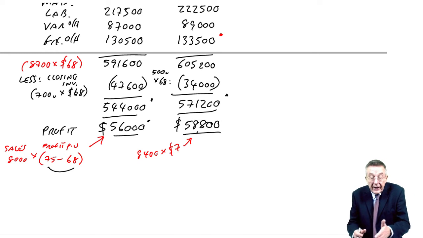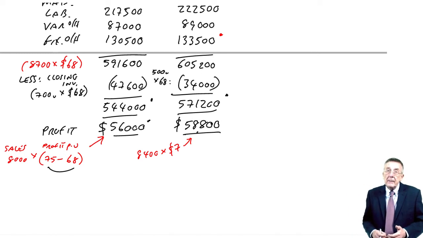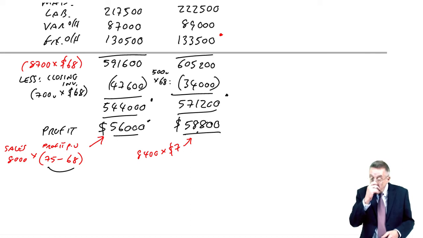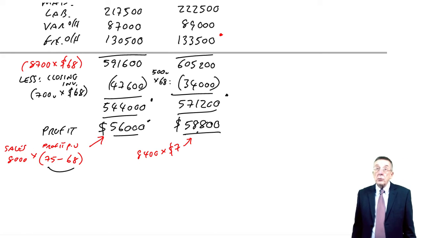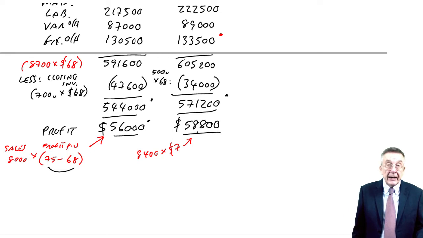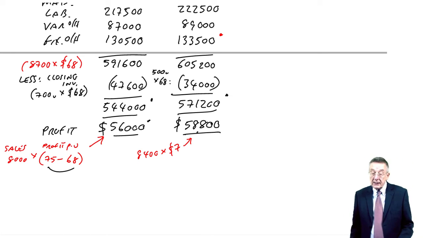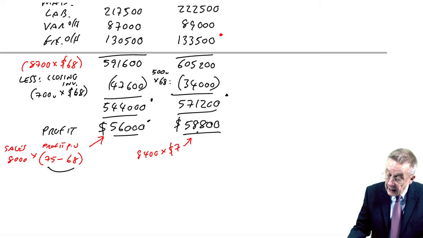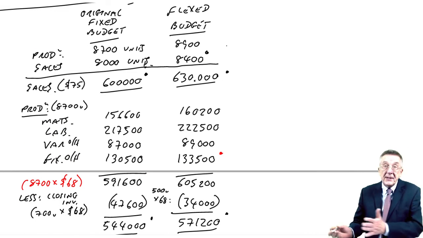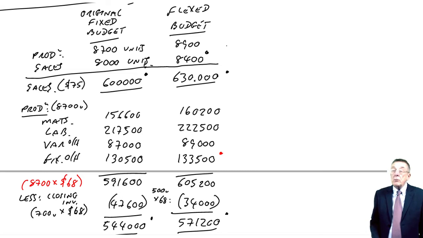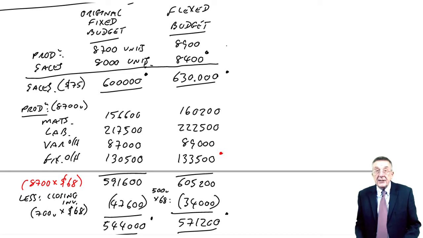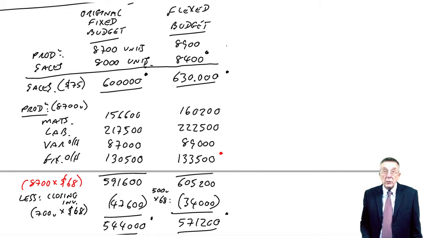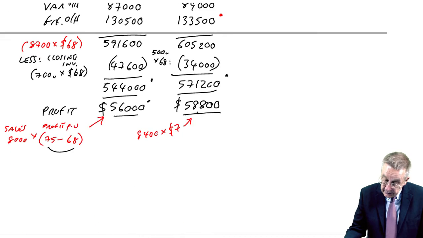And so even if everything else is perfect, the profit isn't going to be 58,800. Well, fine, we'll need to explain that later, and we will explain it later. But with absorption costing, certainly initially, you bring in fixed overheads at the absorption rate of 15 a unit. For management purposes, as you'll see later, we will explain that fixed overhead problem. It's one of the reasons why the actual profit won't be 58,800.